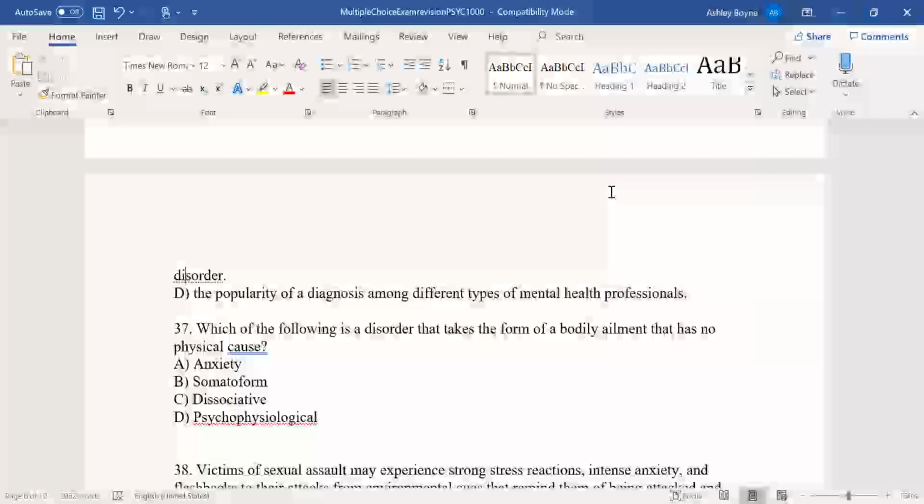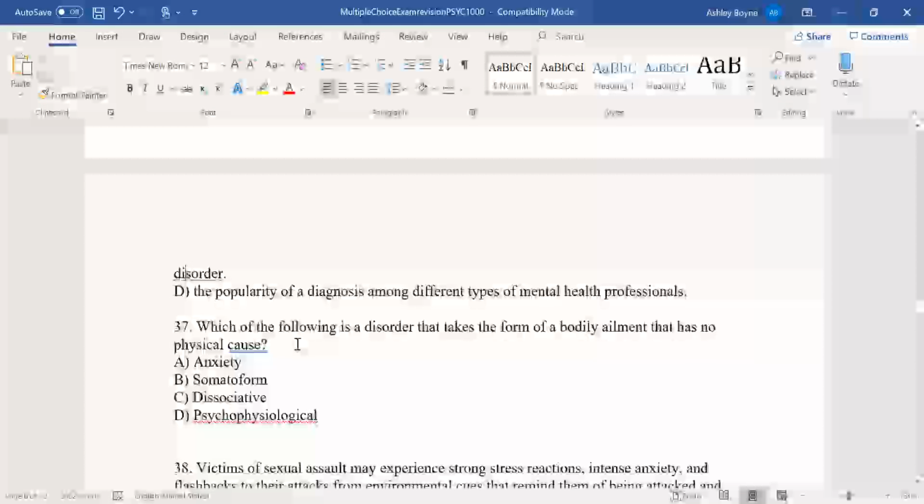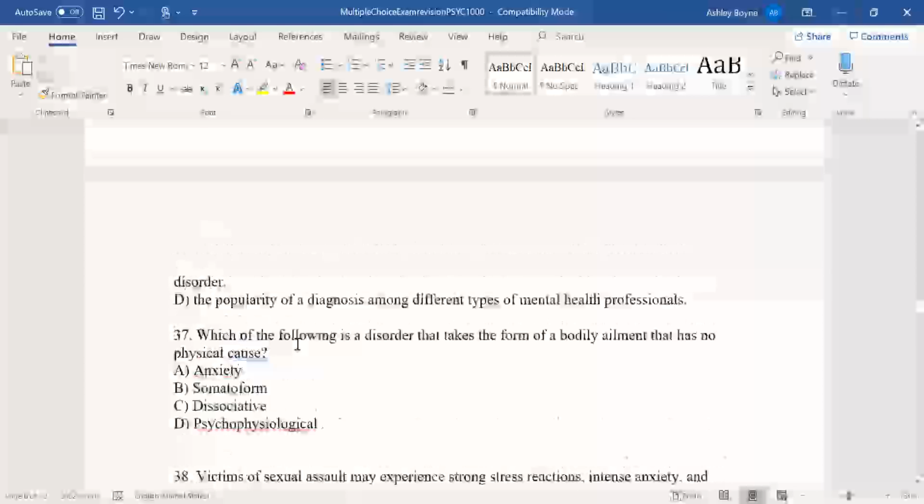Right, so the answer is D. Group brainstorming is less effective because group members may be anxious about being evaluated or judged by others and because of social loafing. Okay, so 31.